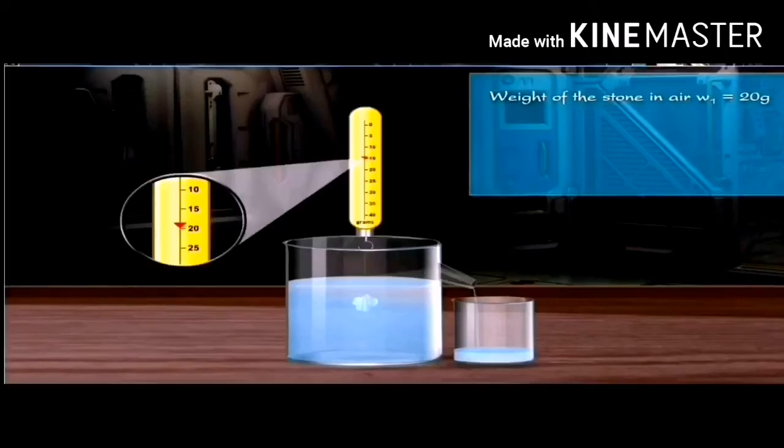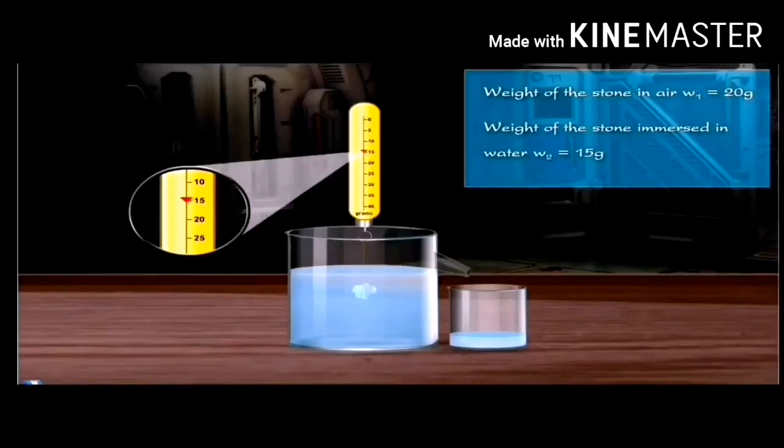Now students, see this picture also carefully. What you observe is that when we dip the stone in water, its weight gradually decreases. Look at that red arrow. Hence we get the weight of the stone in water as 15 gram. Previously we got 20 gram when the stone was not dipped in water.